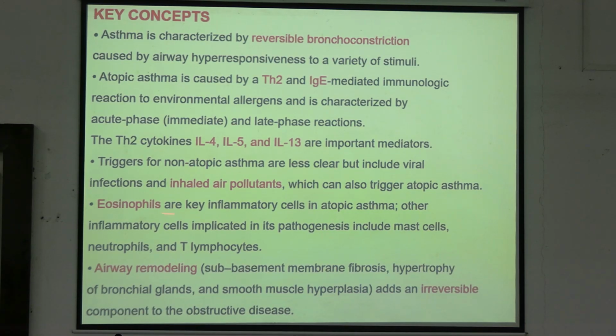These are important. And non-atopic asthma is due to inhaled air pollutants. Eosinophils are the key inflammatory cells. As I said, eosinophilia is common in asthma, so eosinophils are very important. And airway remodeling, as I have said, adds an irreversible component to the obstructive disease. So this is all about asthma.